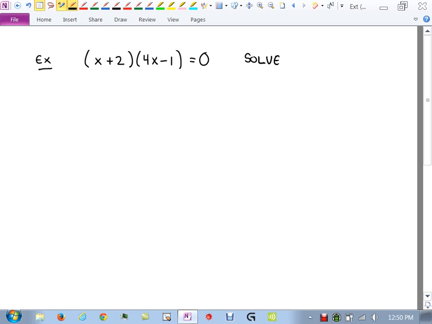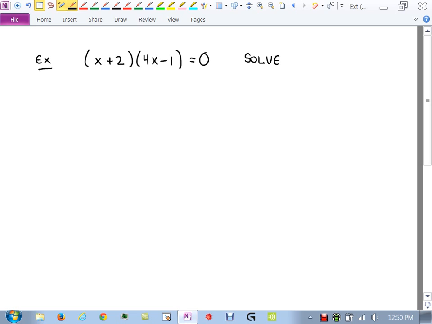Couple of things to notice. We have an equation, right? The problems that we've been doing, the two problems I did right at the beginning of class, did not have an equals in it, did they? So all we did was factor and we were done. But now that we're asked to solve an equation, it's going to be a combination of our factoring, but then at the end we have to do some additional steps.